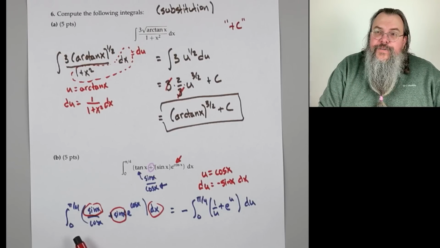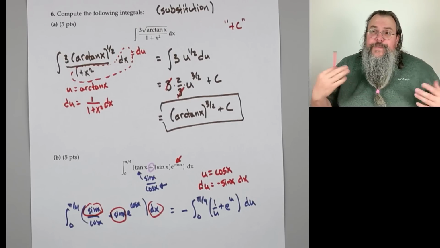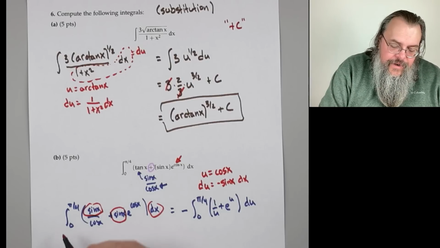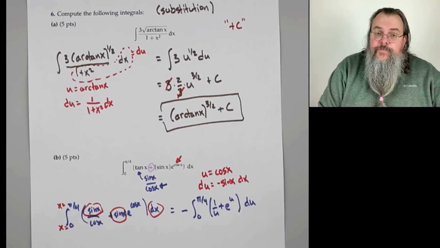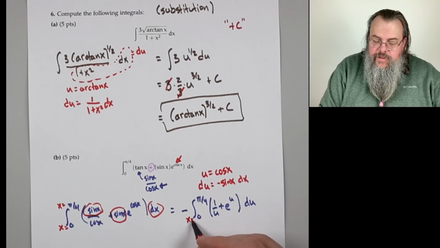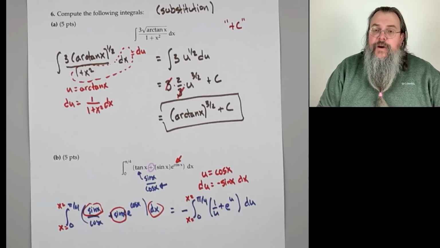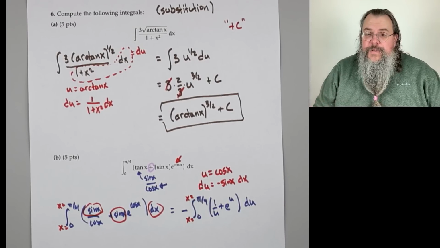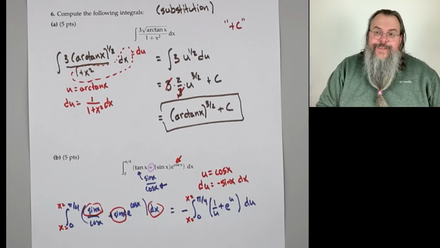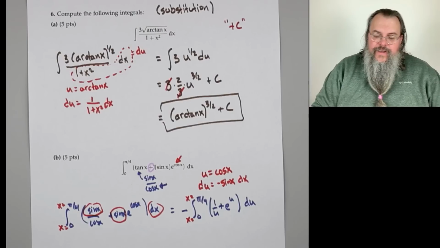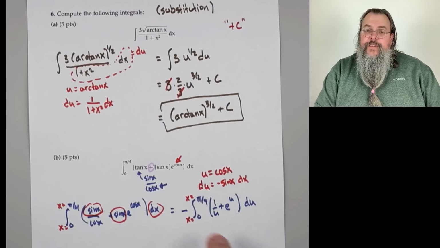Notice these bounds. Now, oftentimes we don't write what the bounds are, these are x bounds. So here, these bounds, I didn't change them. They're still x bounds. So what's the problem? We want our integral in terms of u. So we should actually fix those bounds. Okay, so now that I wrote that those were x bounds, I'm okay.